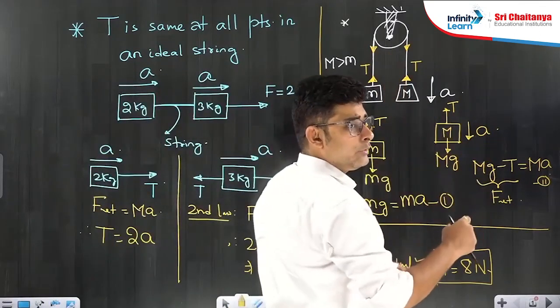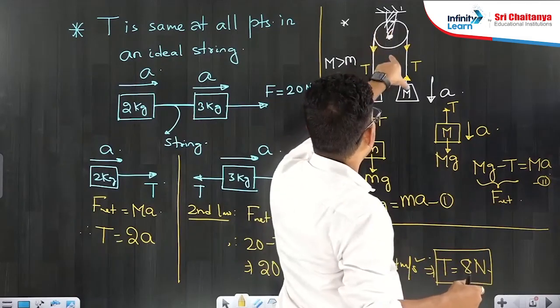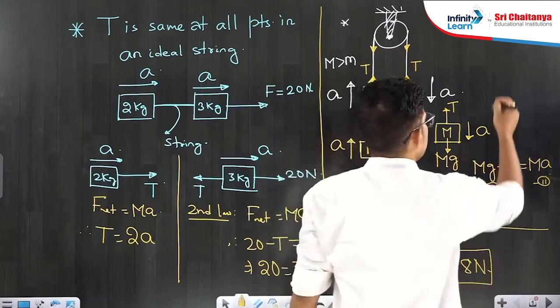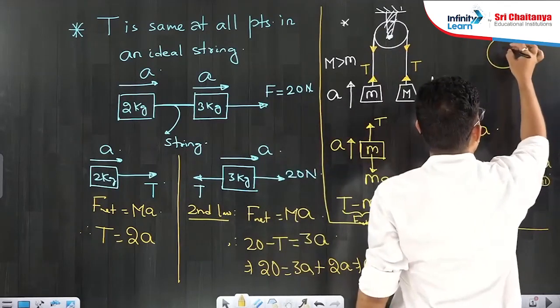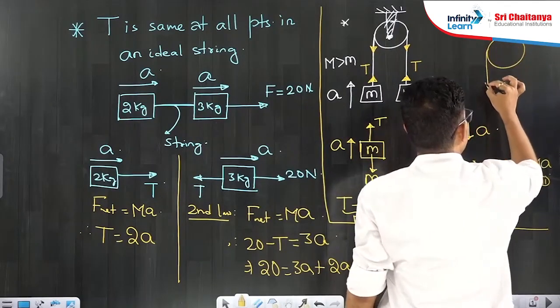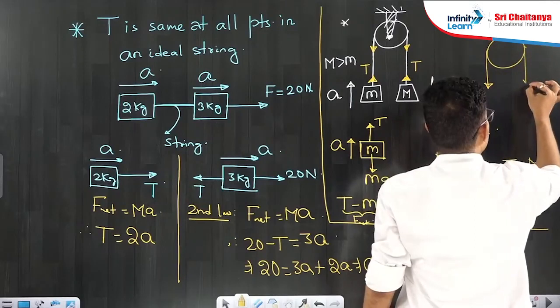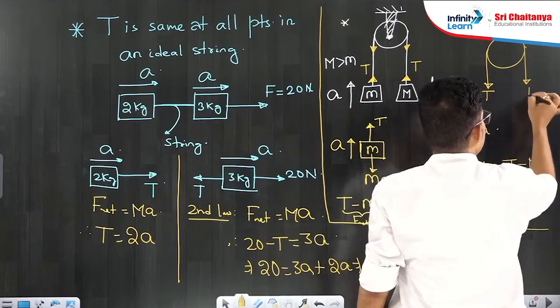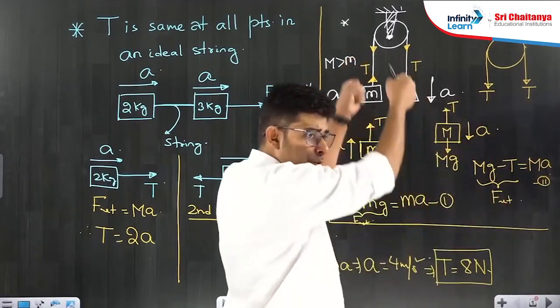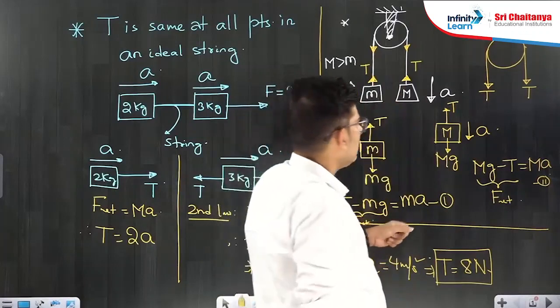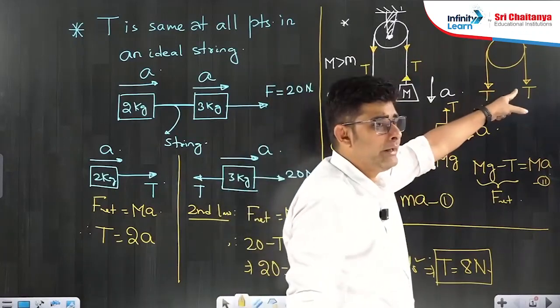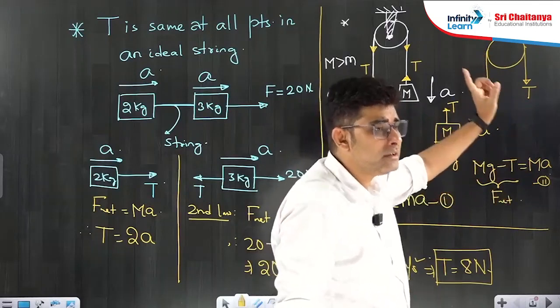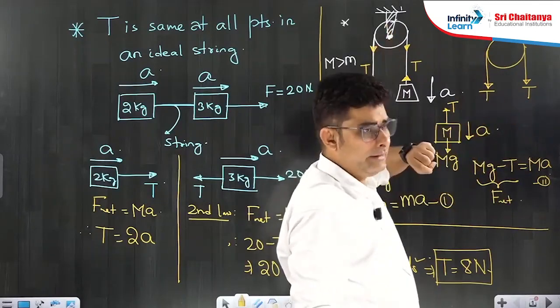Some of you may be confused over here about what happens to the pulley. If you see the pulley, I am drawing the forces on the pulley also. You can see the same string is trying to pull the pulley down from both sides with what force? Tension. Two tensions are pulling it down. But if these two are pulling it down, it should have fallen. Why is it not falling? Because it is attached to the ceiling.